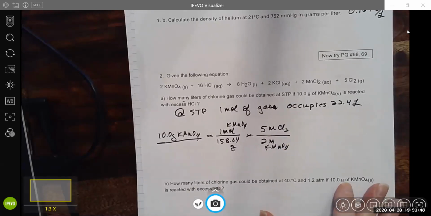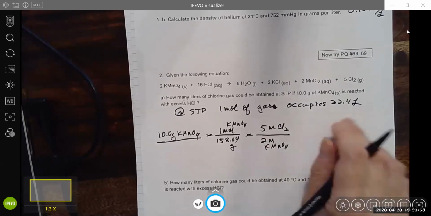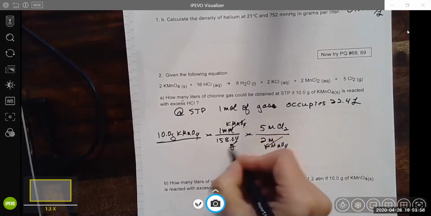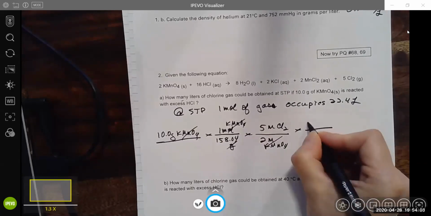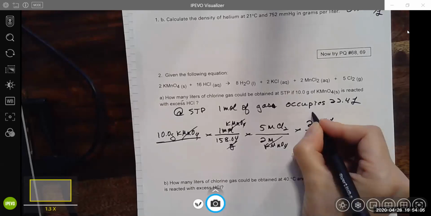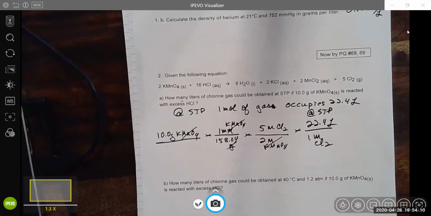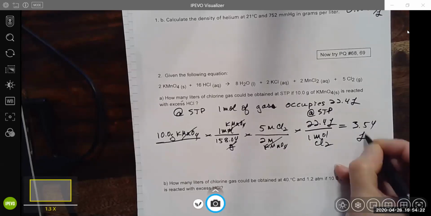But now, instead of having to stop, calculate moles, and plug it into a formula, you say, oh wait, I remember this, let me cancel this off. I can say 1 mole of chlorine occupies 22.4 liters, and I always write at STP to remind me to only use that at STP. So 1 mole of chlorine, or any gas at STP, occupies 22.4 liters, and then you just do the problem. And you get your 3.54 liters.